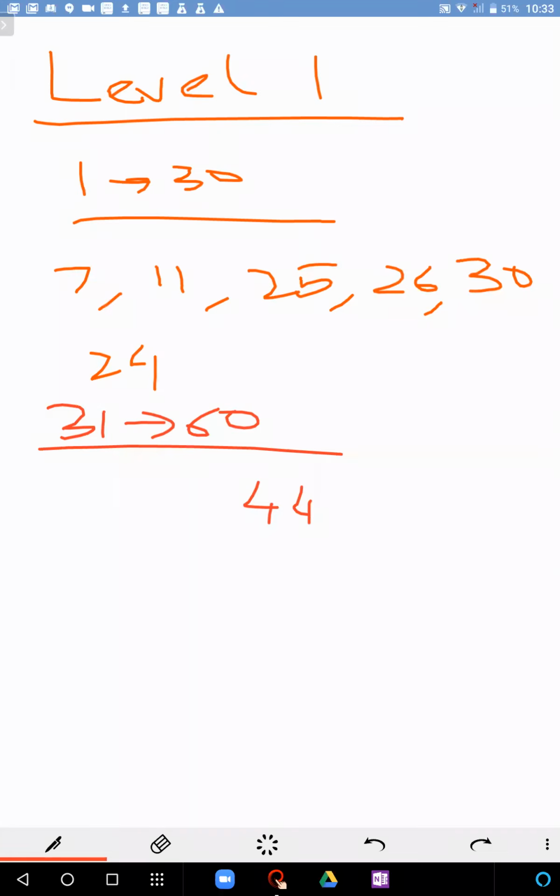Okay, you're getting -2 as the answer. Let's see, we'll cross-check. 35, 40.